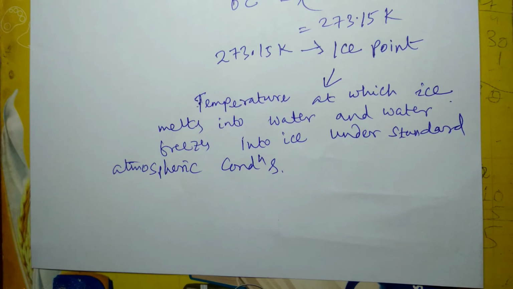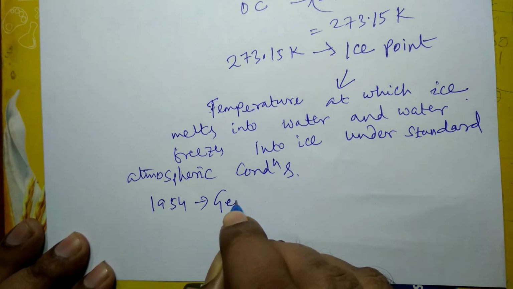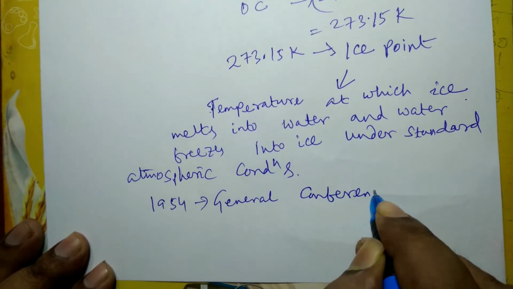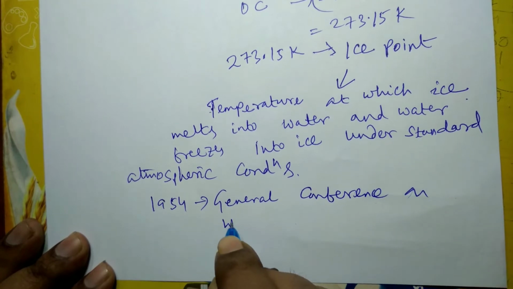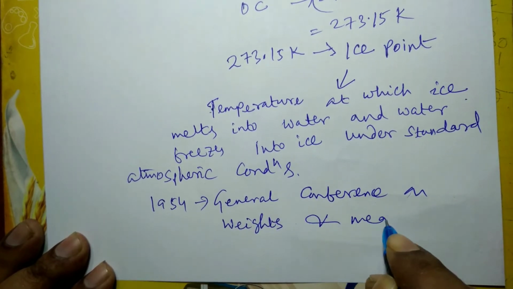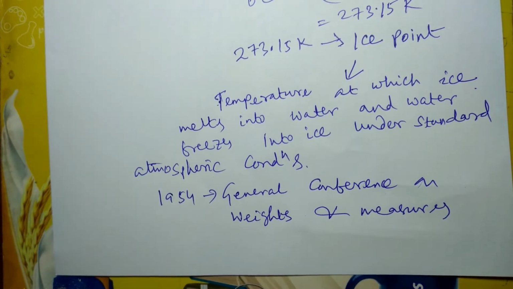But it was changed in the 1954 General Conference on Weights and Measures, and instead of the ice point, the triple point of water was chosen to be the reference point.